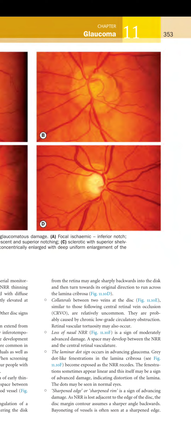Sharpened edge or sharpened rim is a sign of advancing damage as the neuroretinal rim is lost. Adjacent to the edge of the disc, the disc margin contour assumes a sharper angle backward. Bayoneting of the vessel is often seen at the sharpened edge.